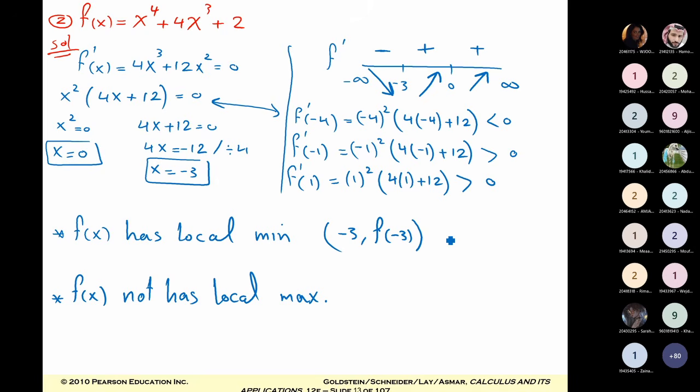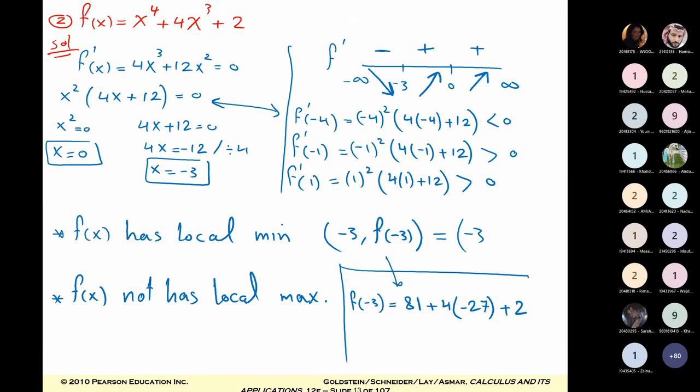Now we can find f at negative 3, which equals negative 3 to the power 4, 81, plus 4 multiplied by negative 3 to the power 3, negative 27, plus 2.